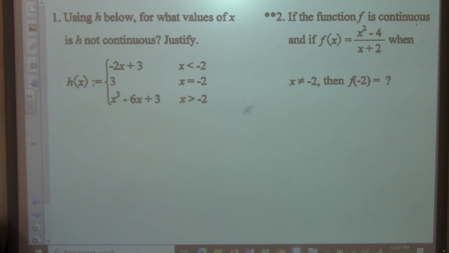So now we have an actual AP question here. If the function f is continuous and if f of x equals this, when x does not equal 2, what is f of negative 2?